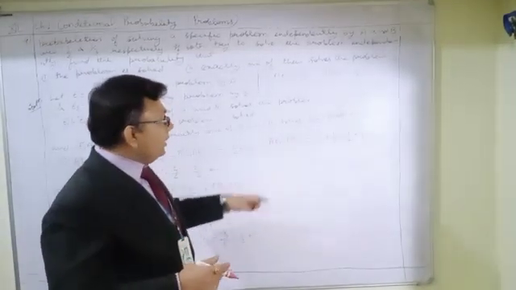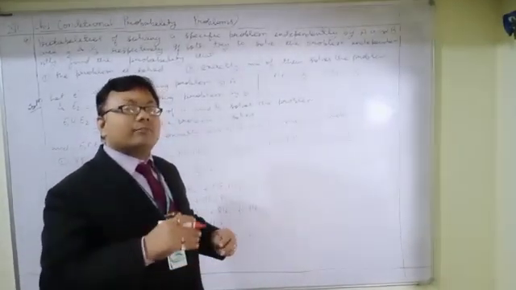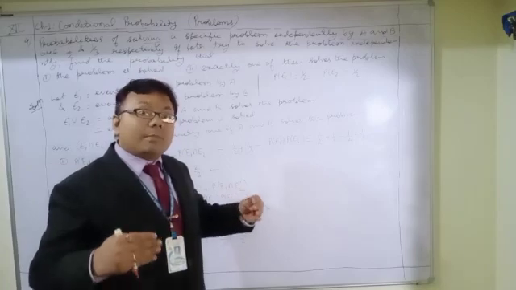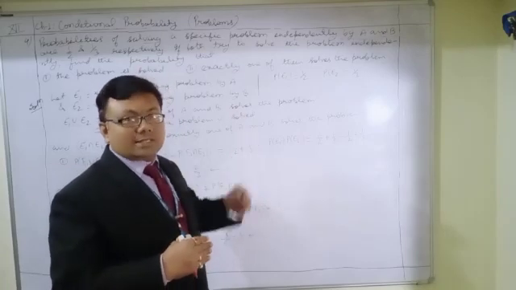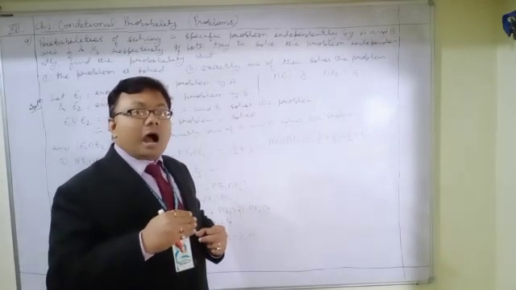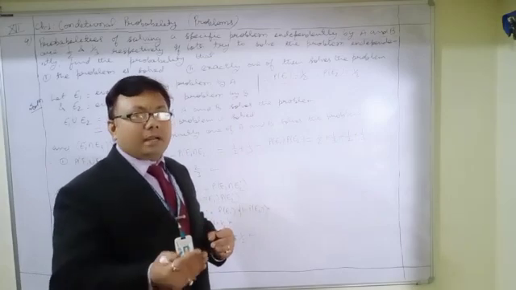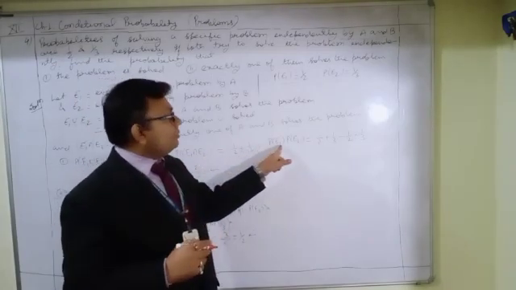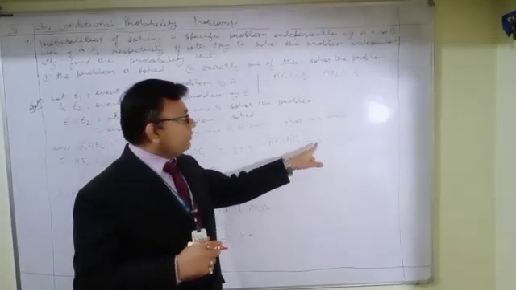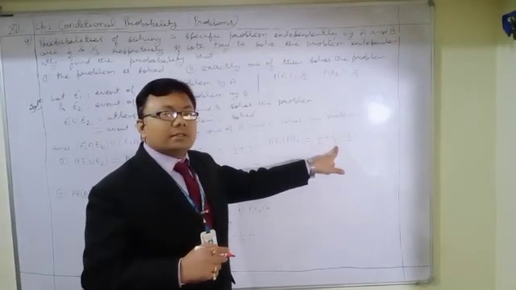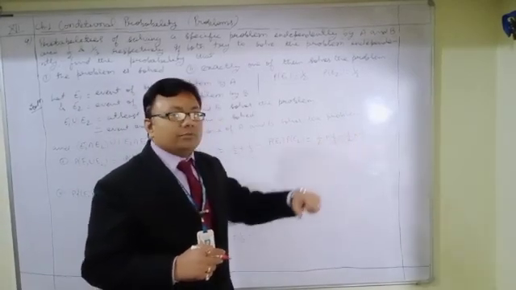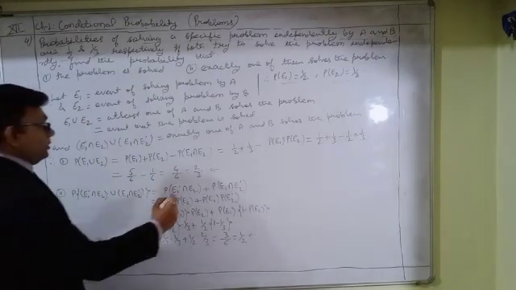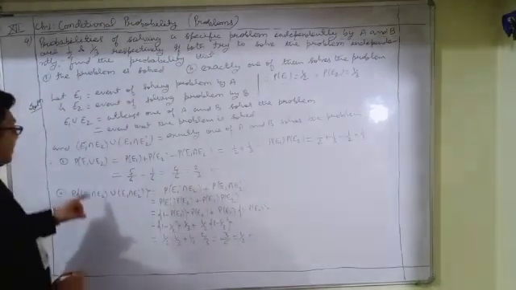The questions are not being solved by unfair means or in collaboration; by the question it is clear they are solved independently by A and B. So probability of E1 intersection E2 is probability of E1 into probability of E2. This is 1 by 2 plus 1 by 3 minus 1 by 2 into 1 by 3, which is equal to 2 by 3. This is our required result for the first part.